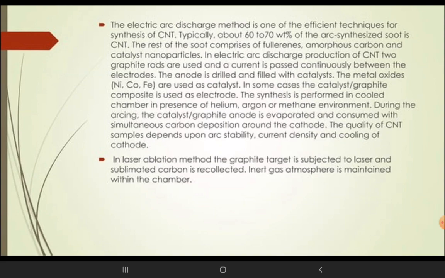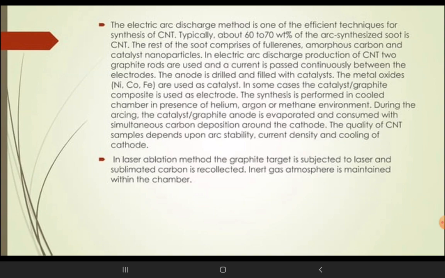The synthesis is performed in a cooled chamber in the presence of helium, argon, or methane environment. During the arcing, the catalyst or graphite anode is evaporated and consumed with simultaneous carbon deposition around the cathode. The quality of CNT samples depends upon arc stability, current density, and cooling of the cathode.